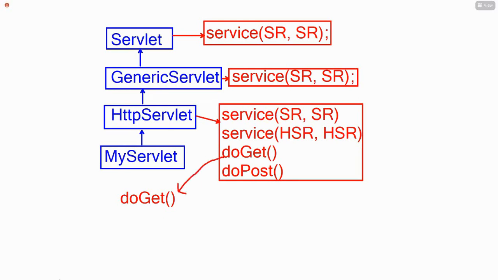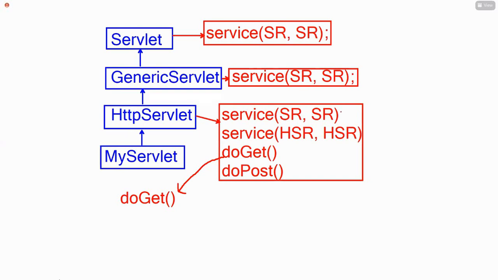Assume I overrode this method here. Now, whenever a request comes to my servlet object created by the web container, it will search for the lifecycle service method. Is it there in my servlet? Then where will it search? HttpServlet. Is it there? This is called. In this method, what have they written?